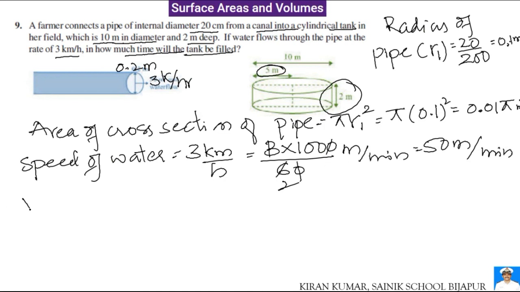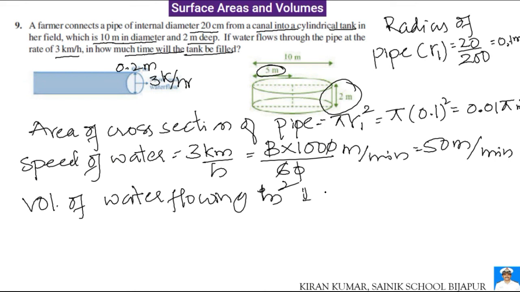So we can find out the volume of water flowing in 1 minute will be equal to area of cross section multiplied to speed. Speed is 50. Area of cross section is 0.01 pi. This will become 0.5 pi meter cube.